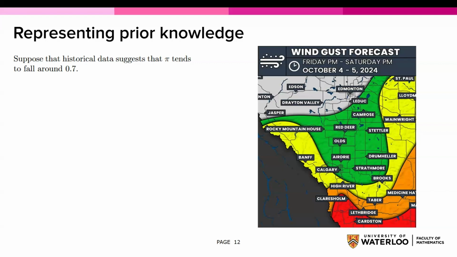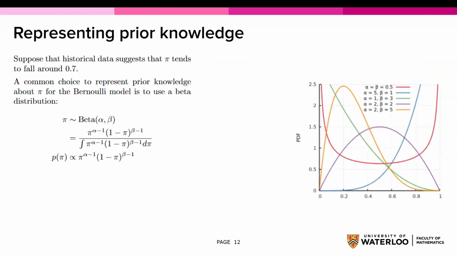So it turns out that a natural choice for modeling prior knowledge about pi in a Bernoulli model is to use a beta distribution. So the beta distribution is parameterized by 2 shape parameters, alpha and beta. And what's nice about this is that it's defined over the interval of 0 and 1.